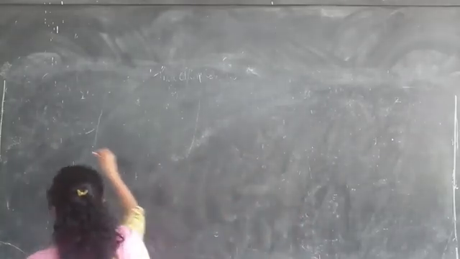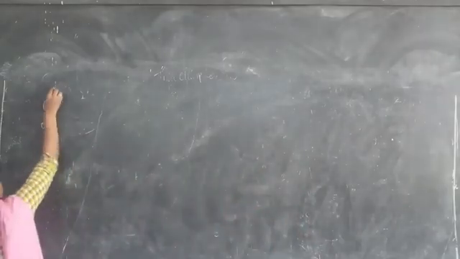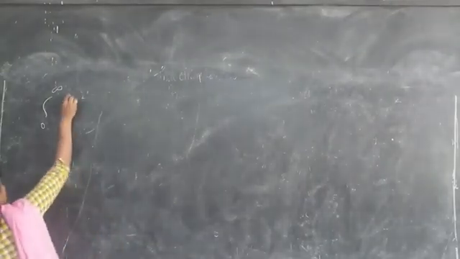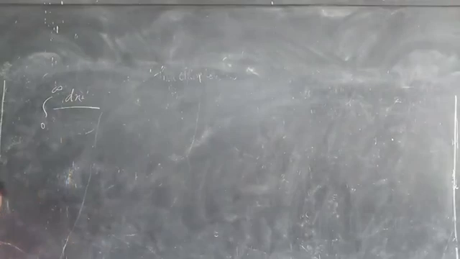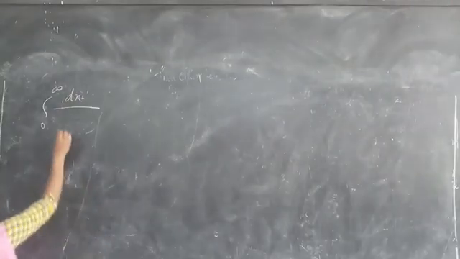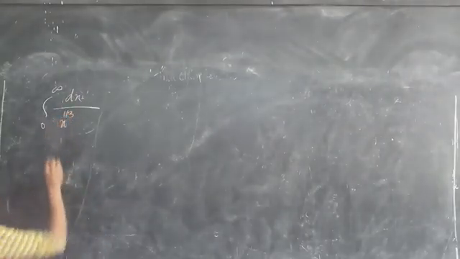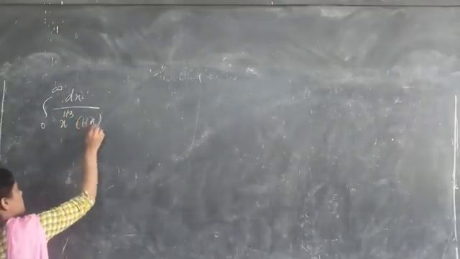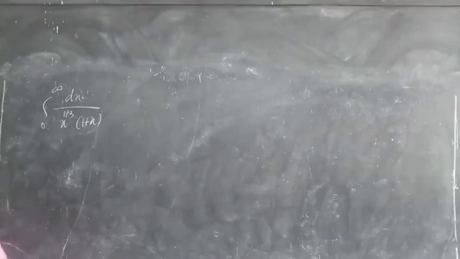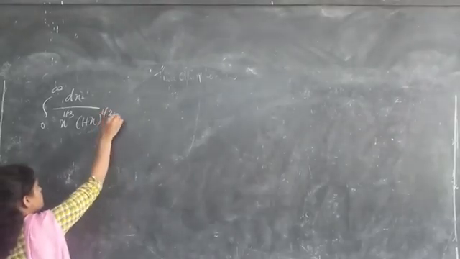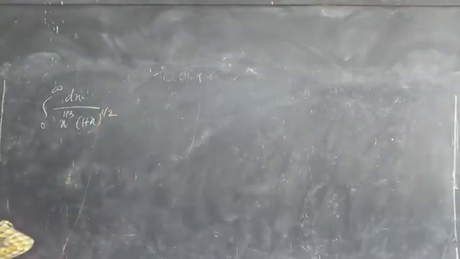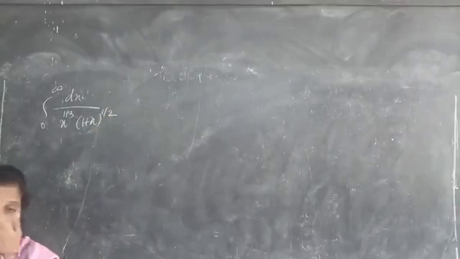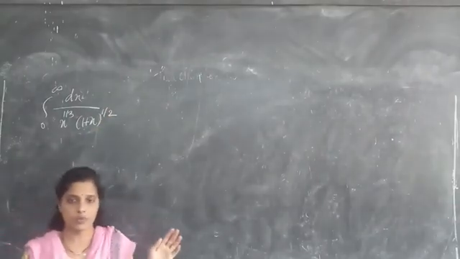Next example is the integration of 0 to infinity dx divided by x to the power 1/3 into (1 plus x) to the power 1/2. We have to find whether this is convergent or divergent.